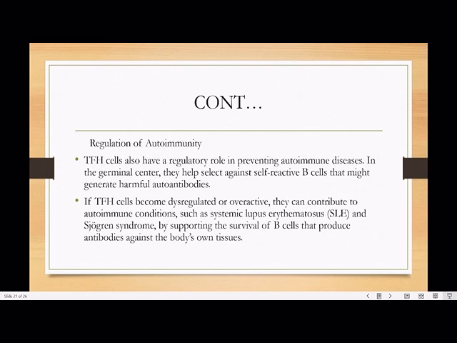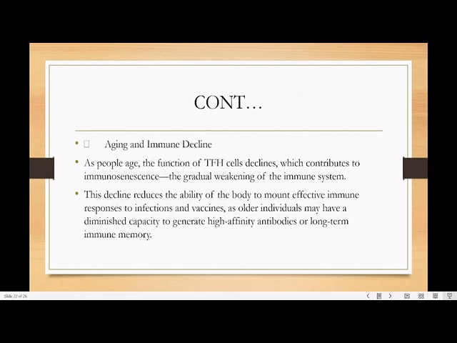If the T helper cells become dysregulated or overreactive, they can contribute to autoimmune conditions such as systemic lupus erythematosus and Sjogren syndrome by supporting the survival of the B cells that produce antibodies against the body's own tissues. We have aging and immunity decline.